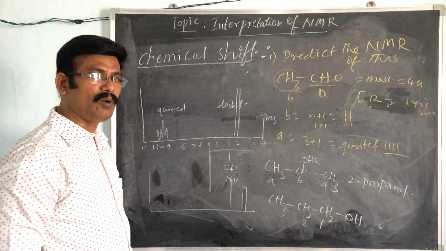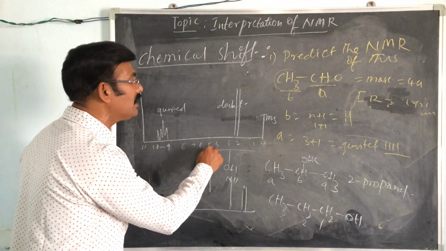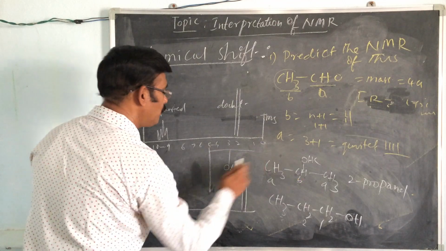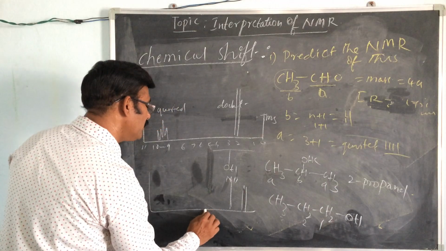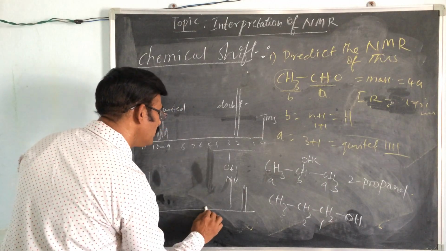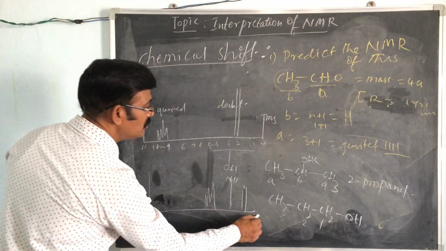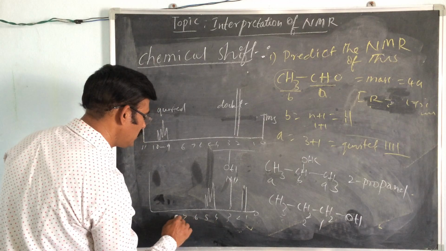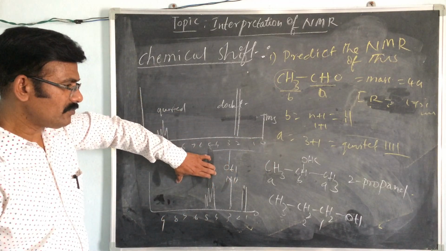All halogen compounds or oxygen-attached electronegative groups will appear at 4 to 5. So here a multiplet, because 3 plus 3 is 6, and at the pi position a multiplet will come. So here 0, 1, 2, 3, 4, 5, 6, 7, 8, 9, and this is the propanol spectrum.